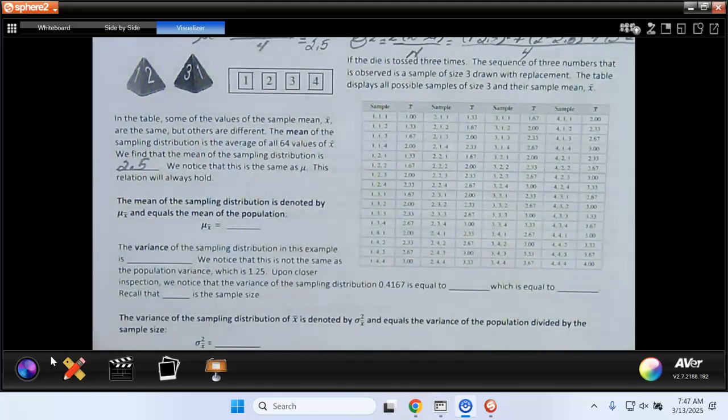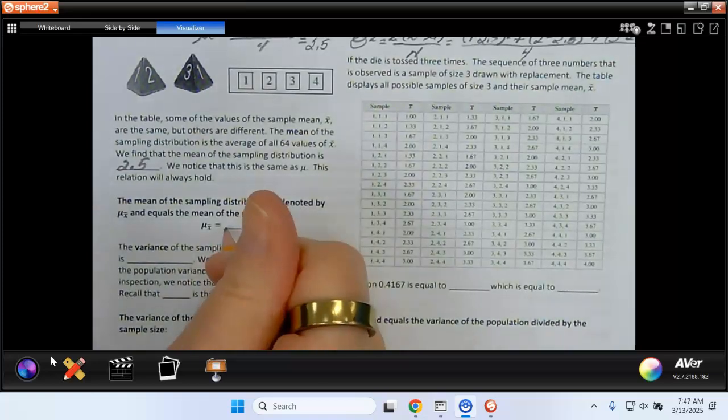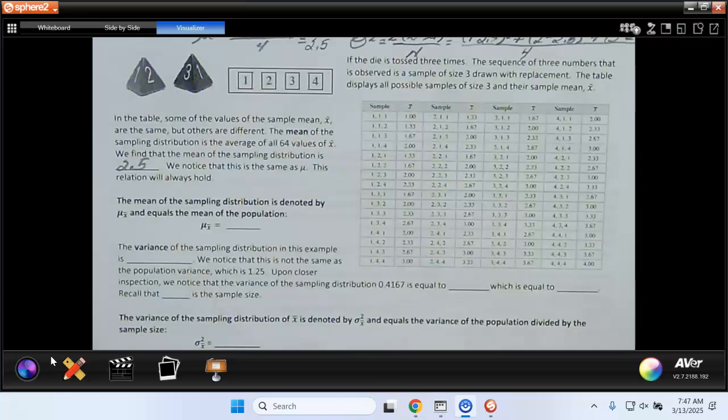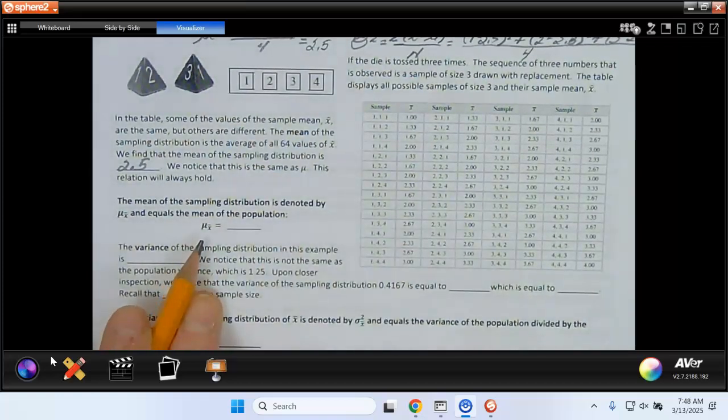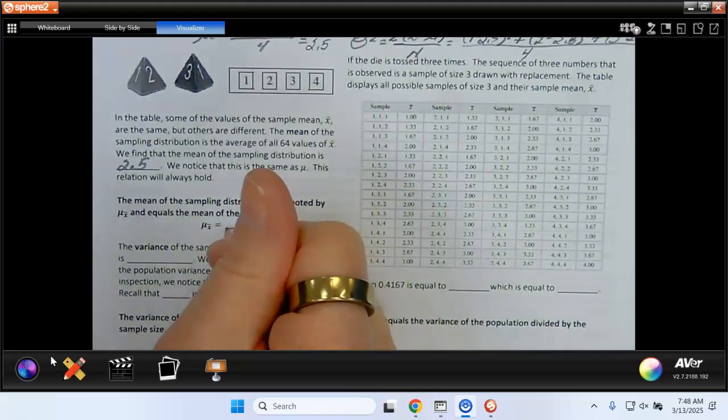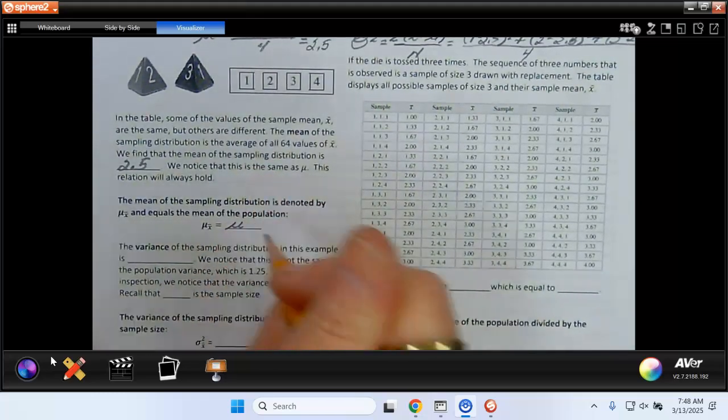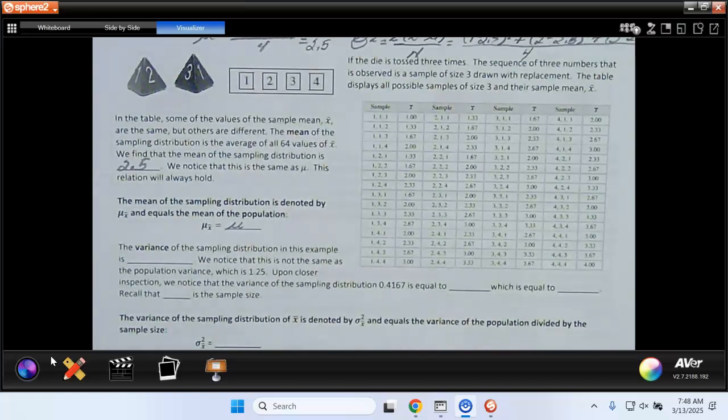We won't actually do that, but we would add up all of these averages and take its average, so for the sampling distribution, we would get 2.5. We know that the mean of the sampling distribution, see that notation with the little x bar next to it? That indicates that you're taking the average of averages of the sampling distribution. We know that that is the same as the average of the population.